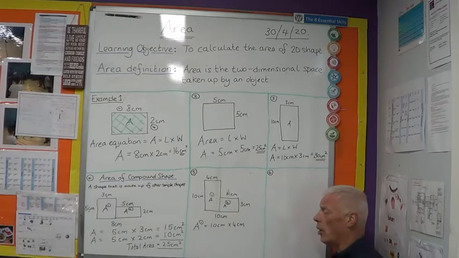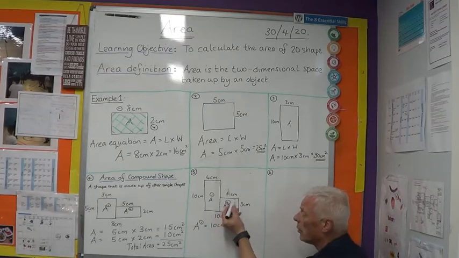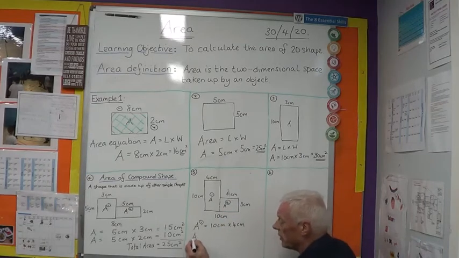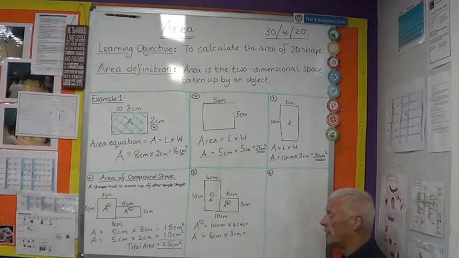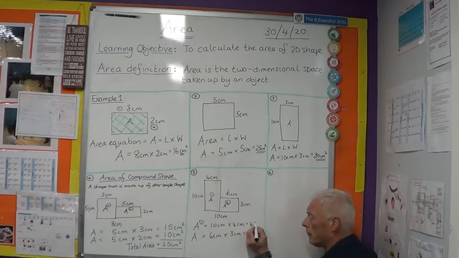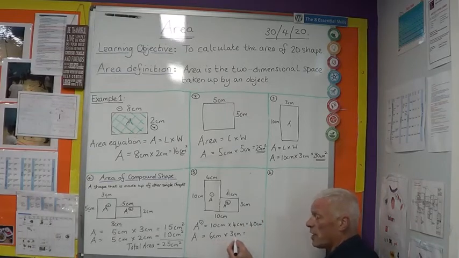The area of rectangle 2, what I can work out is 6 centimetres times 3 centimetres. 10 times 4, 40 centimetres squared. 6 times 3, 18 centimetres squared.